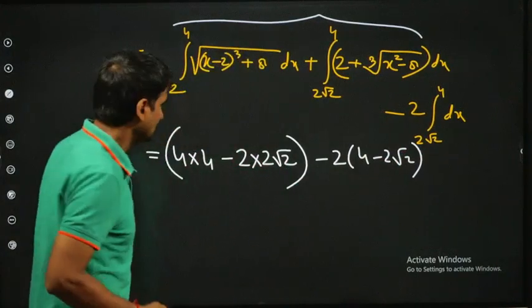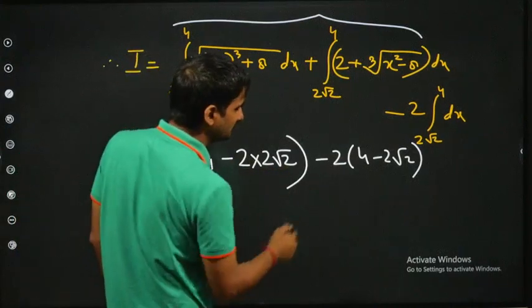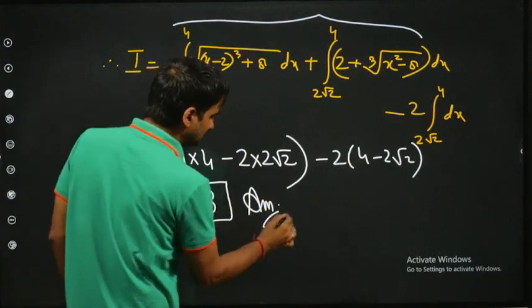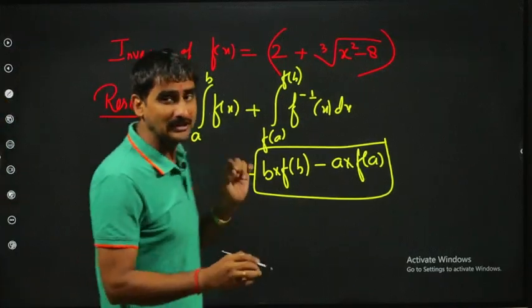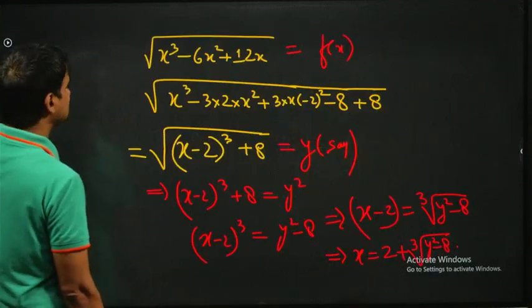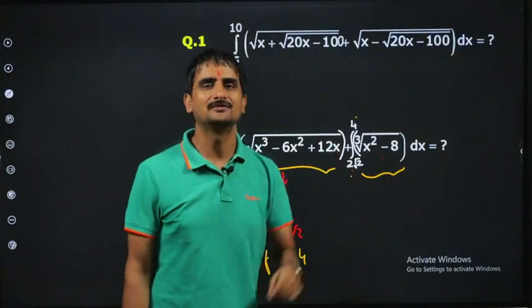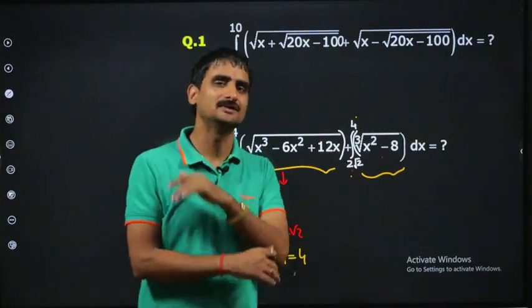So 16 minus 8 is 8, minus 4 root 2 plus 4 root 2. So the answer is simply 8 here. So that's the result which none of you should forget now. Important result, and that was the observation here: the square root of cube and cube root of square. That's the hint for the use of function and its inverse here.